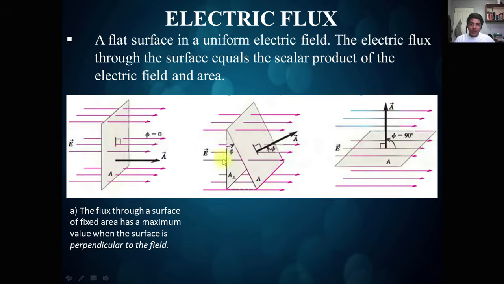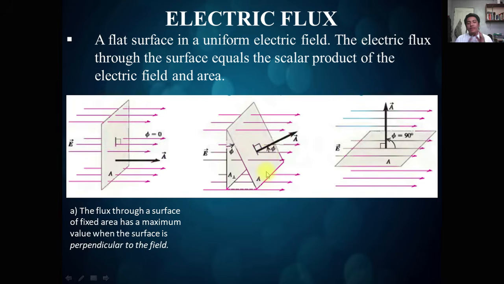How about in this one? We can expect that this plane is oriented with an angle theta. So we can expect that the normal vector is in this direction, which is of course always perpendicular to the surface of the plane. And the electric field is in the same direction such that it creates an angle theta of less than 90 degrees but more than 0 degrees.